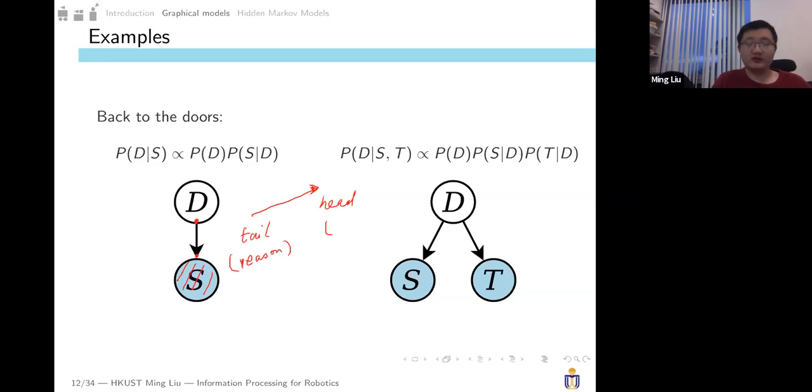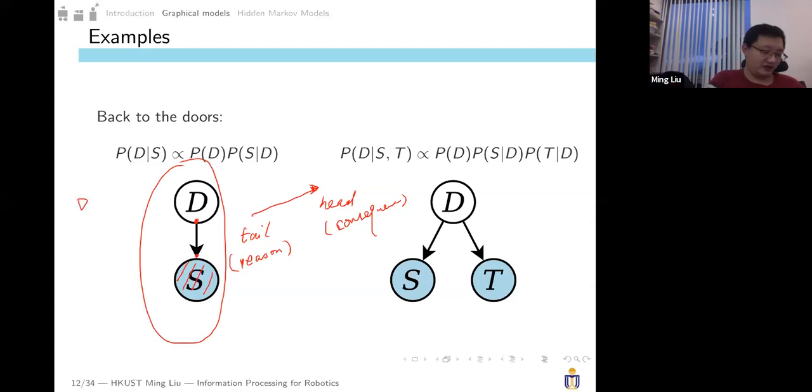So if you put a sensor on the door, you should draw the diagram like this one. It's not the inverse.